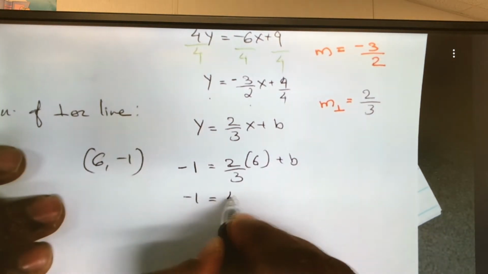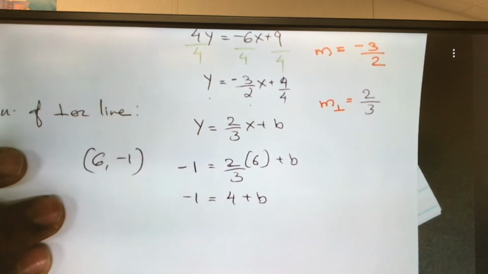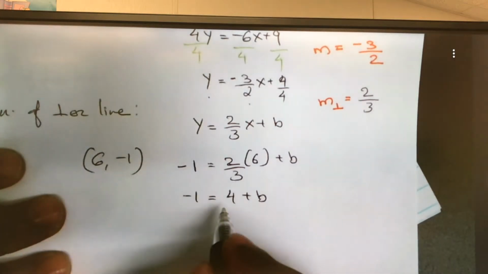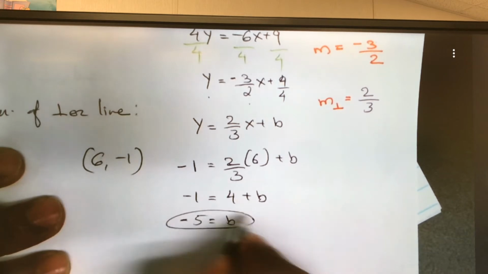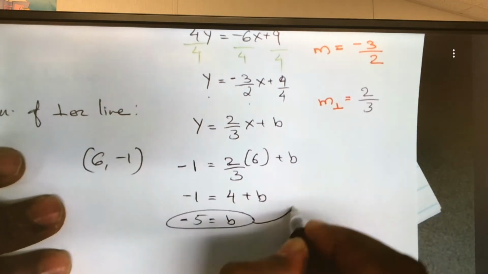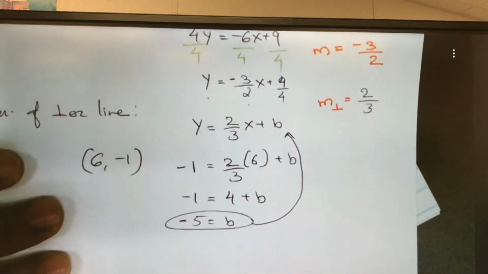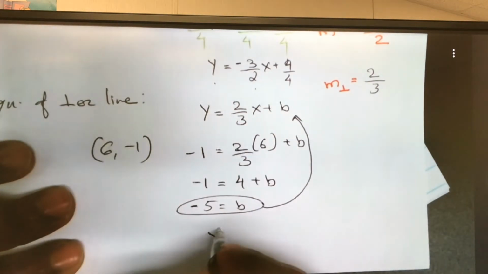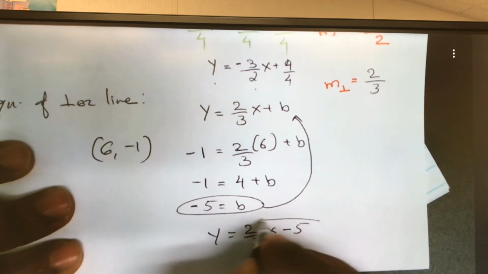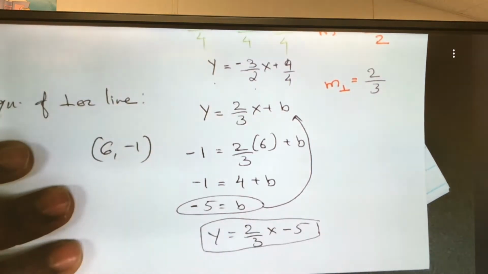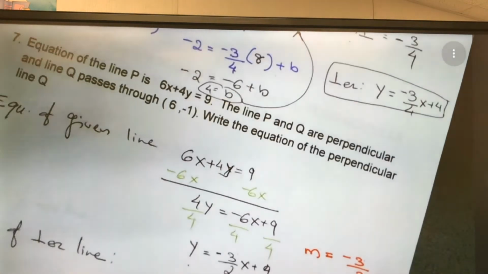Negative 1 is 4 plus b. That means I have to subtract 4 from both sides. So b is equal to negative 5. So now I have the b of my perpendicular line. So replace the b. I will get y is equal to 2/3 of x minus 5. Okay. This is not the only way, you can use the graphical method too.